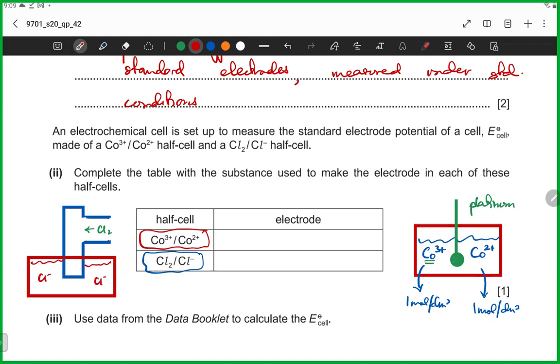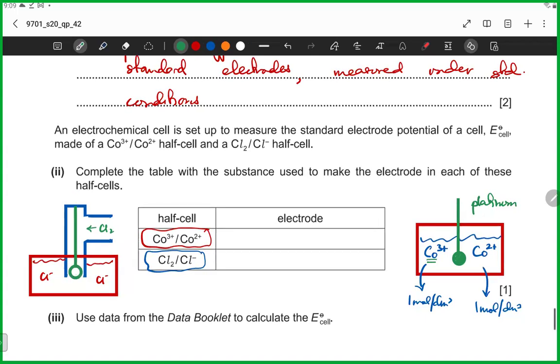Again, anyone who likes to gain electrons or lose electrons needs an electrode on which that will happen. So again, in this case, you will have a platinum electrode. And on that platinum electrode, Cl2 really likes to gain electrons.